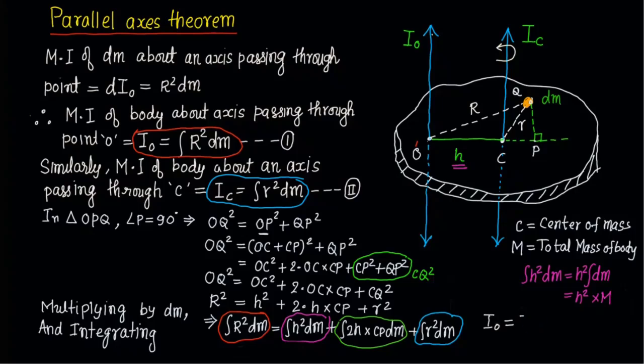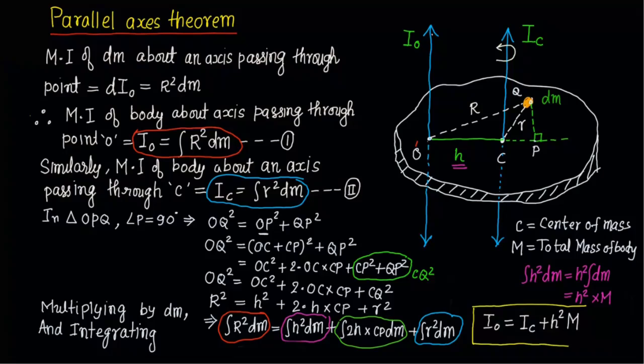I'll say it is IC plus, now this part we have discussed, it is nothing but h square, that is the distance between these two parallel axes squared, into the mass of the body. And this particular term I have explained, this moment does not exist, so this is going to be 0. So I got this particular expression. So this is the final expression of the parallel axis theorem.